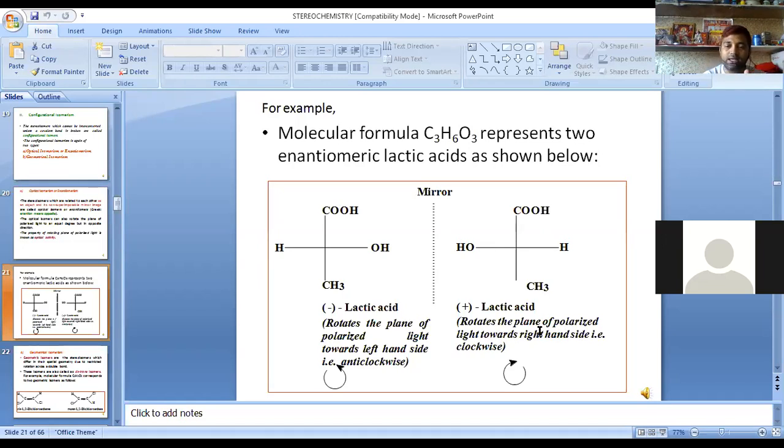So we have this example of enantiomers. Enantiomers are mirror images which are non-superimposable. Understood?